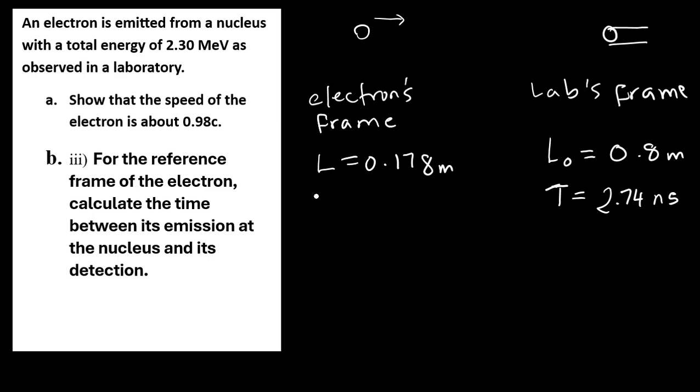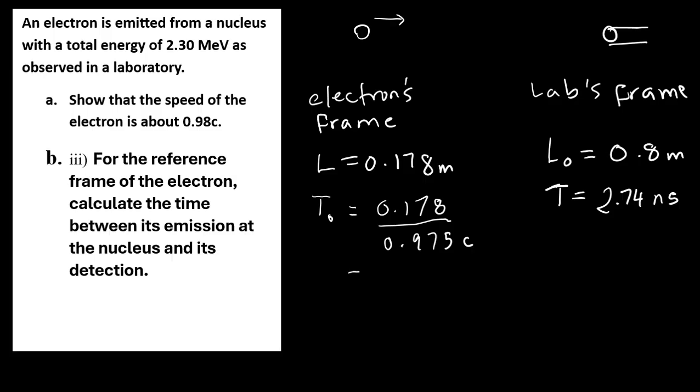So let's call this, say, T with a 0, given by the same equation that we used, which is the distance divided by the speed, which is 0.975 c. You can also use 0.98 according to the question.